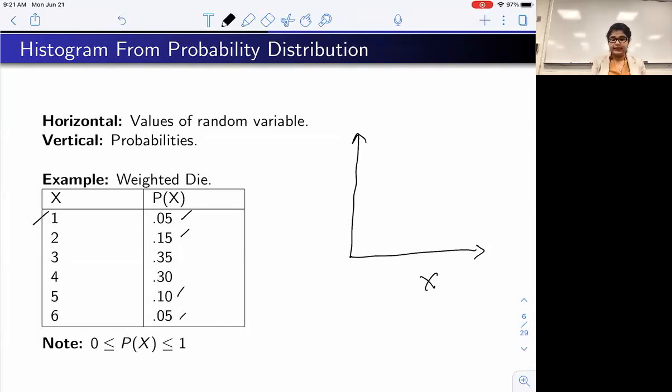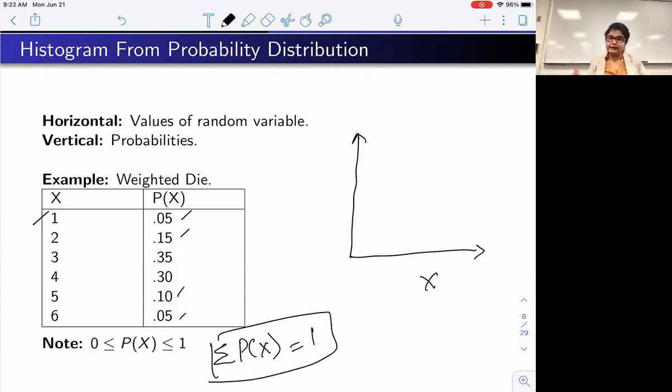In this case, if you take the sum of this probability distribution, 0.05, 0.15, 0.35, 0.3, 0.10, and 0.05, it will be equal to 1. This means that your experiment is correct, or this probability distribution is right.